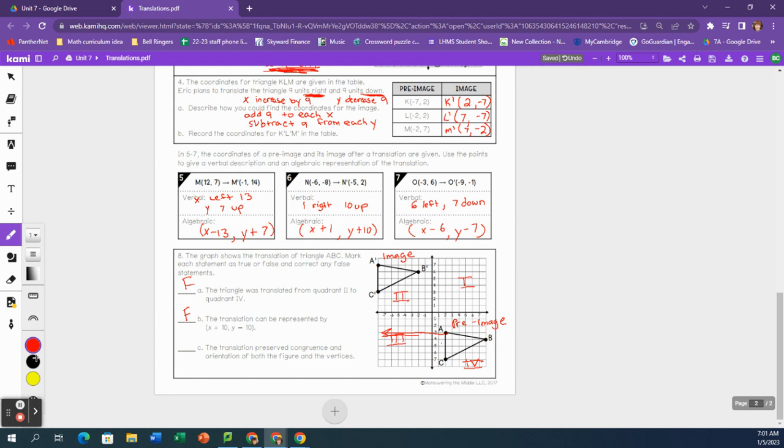The translation preserved congruence and orientations of both figure and vertices. Well, let's double check. 1, 2, 3, 4. 1, 2, 3, 4. Yep. Let's double check this one. 1, 2, 3, 4, 5, 6. 1, 2, 3, 4, 5, 6. So that would be true.